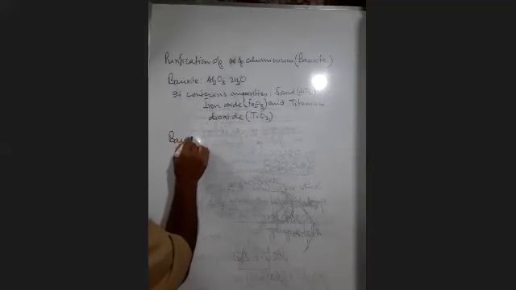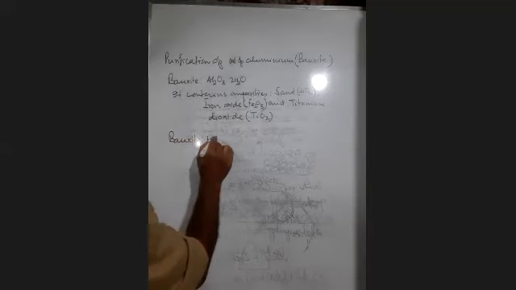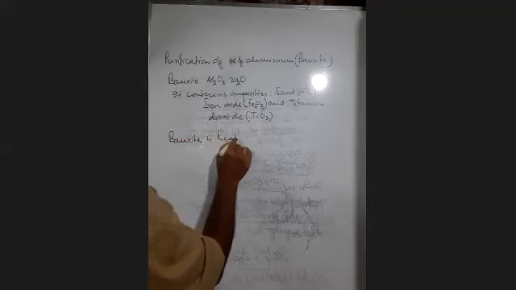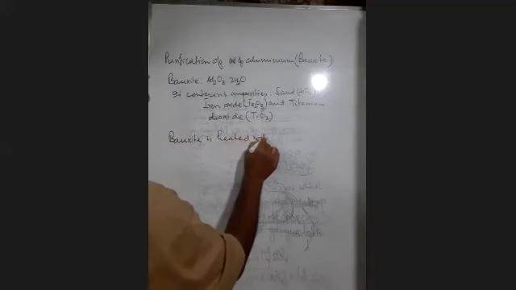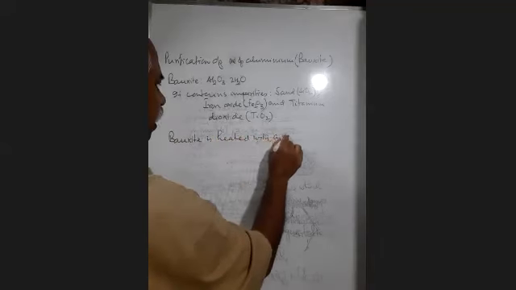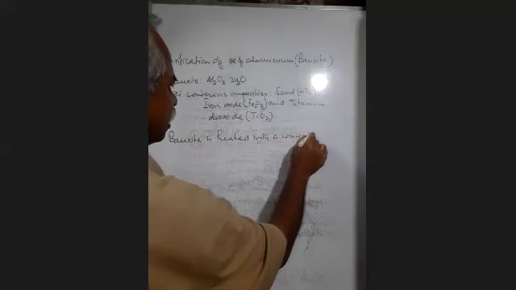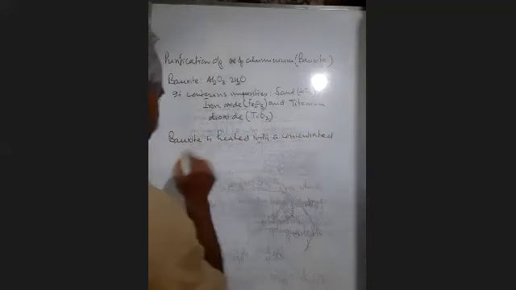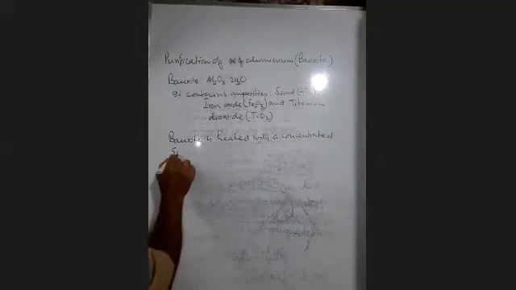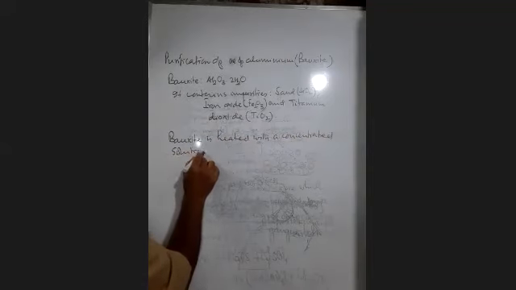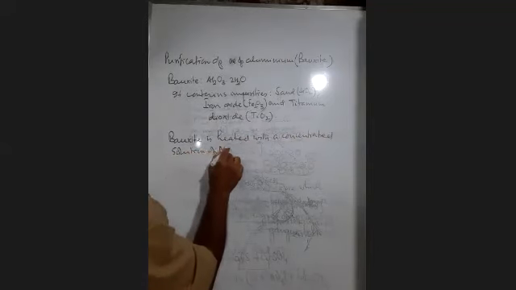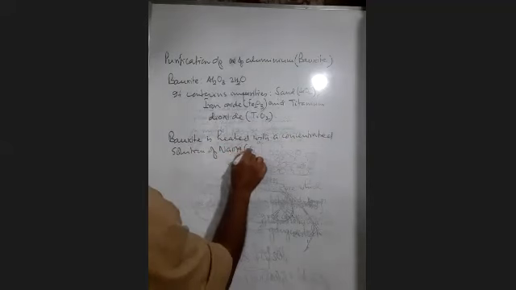So how do you do it? See here, bauxite ore is heated with a concentrated solution of sodium hydroxide. You need not write, you will get the note. Around 45% sodium hydroxide you take by mass.